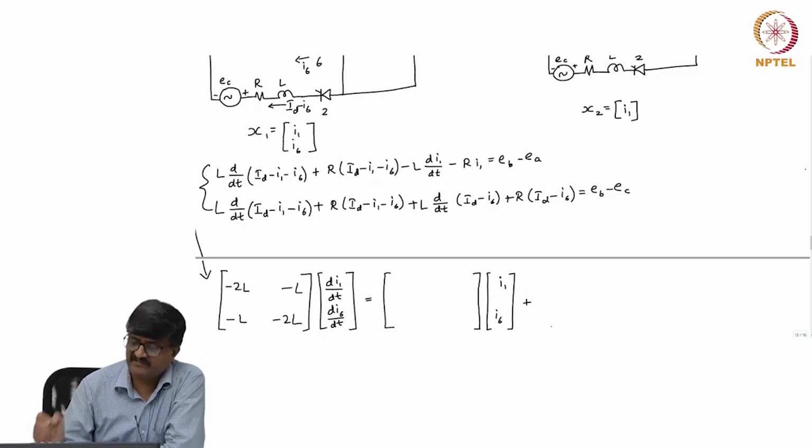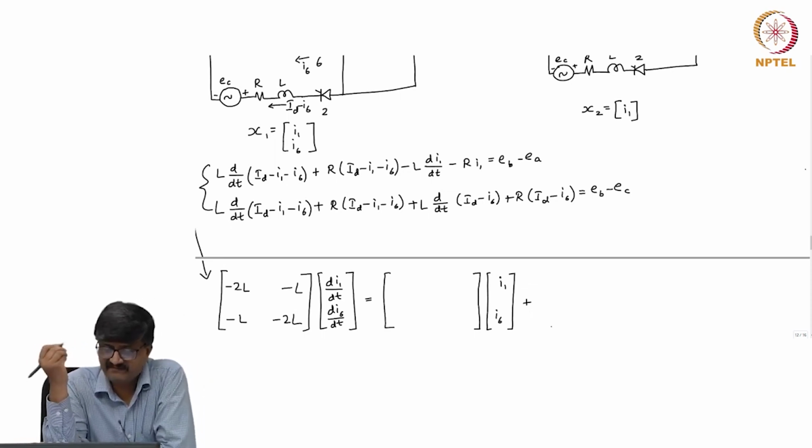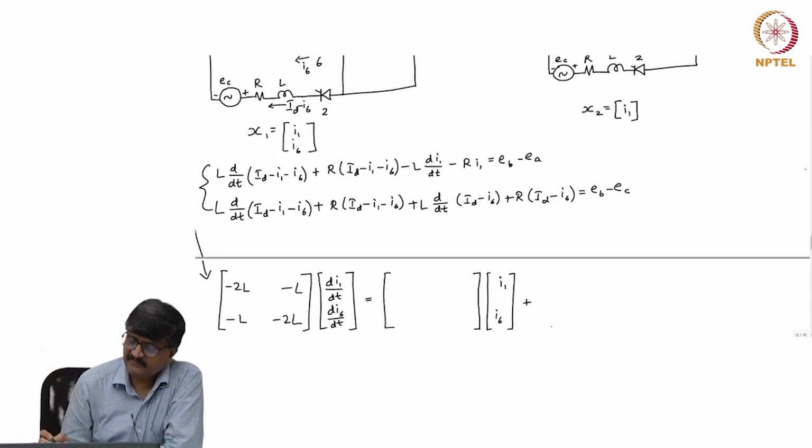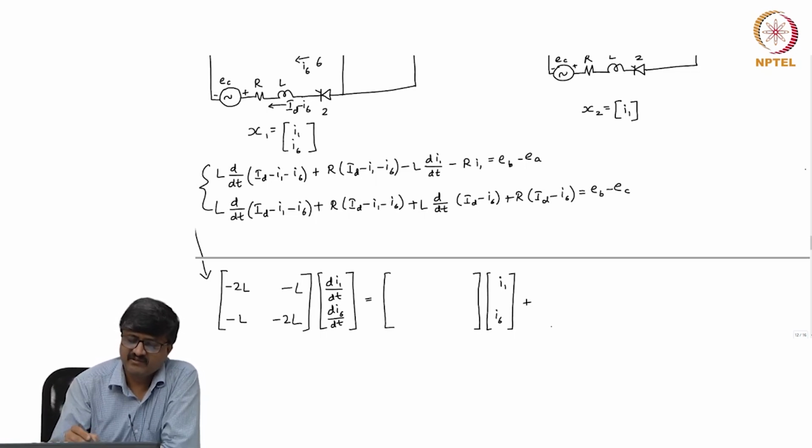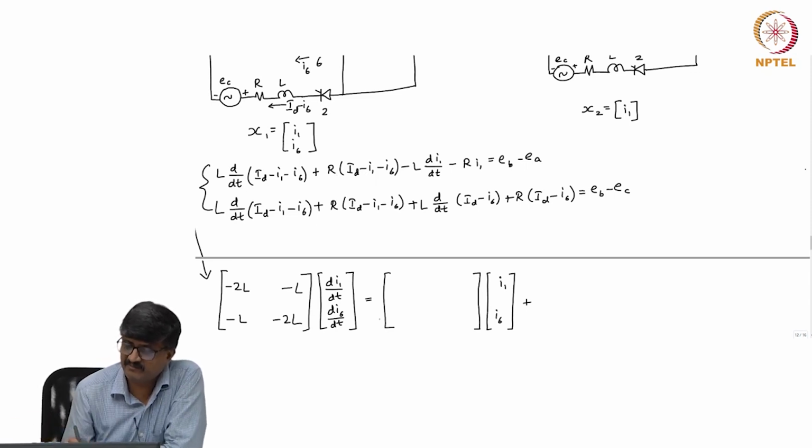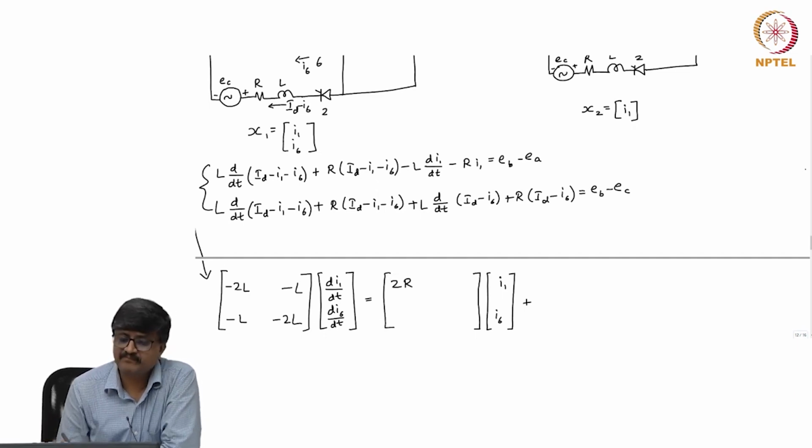If I first take the terms involving I1 and I6: in the first equation, what is the coefficient of I1? There is a minus R I1 and one more minus R I1. Pushed to the right hand side, I get 2R.